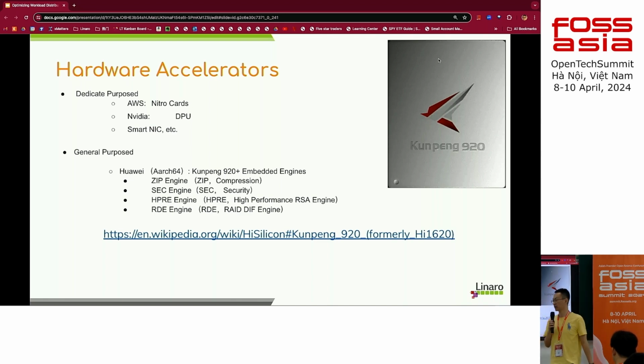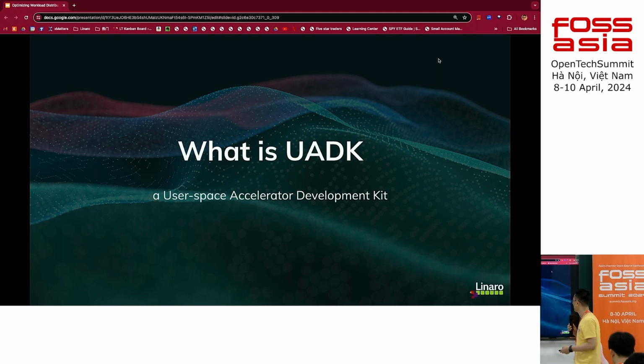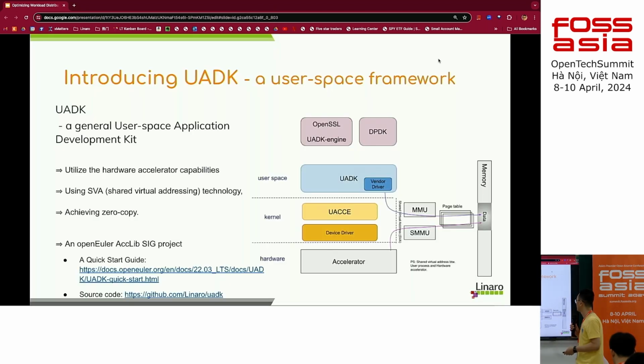We are going to explain the security part. It can do AES encryption and decryption. It can accelerate SM4 encryption and decryption as well. To support that, Linaro worked with HiSilicon and developed the UADK framework. This is a software framework, but its purpose is to support the hardware accelerators.